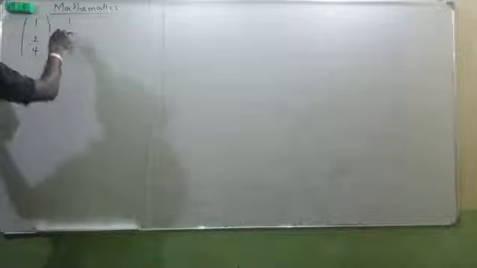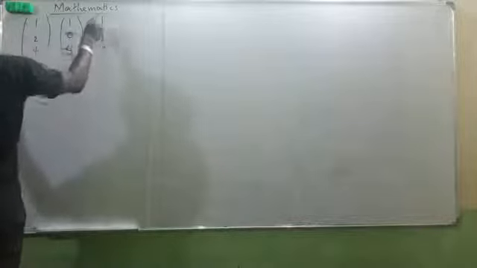Now, look at this particular problem. I want to generate the span also, because this one is quite different. I'm having 1, 2, 4, and I'm having 1, 4, 1, 0, 4, and I'm having 1, 2, 7.